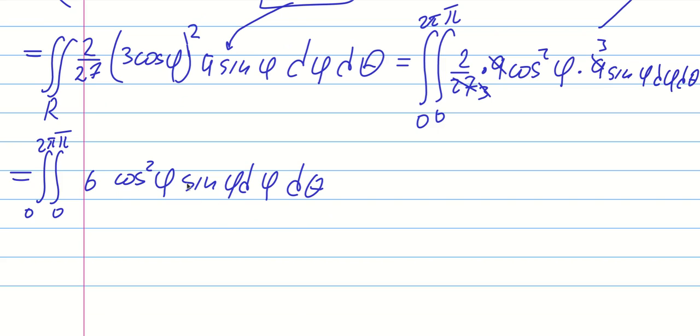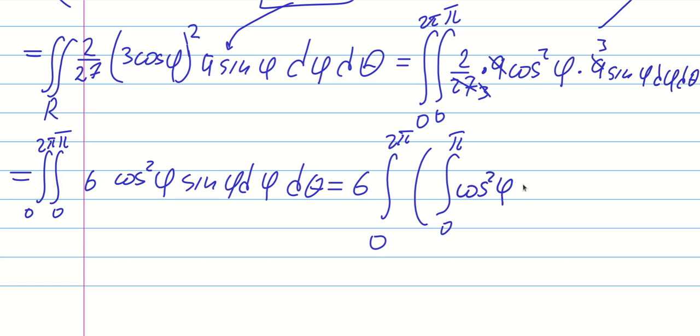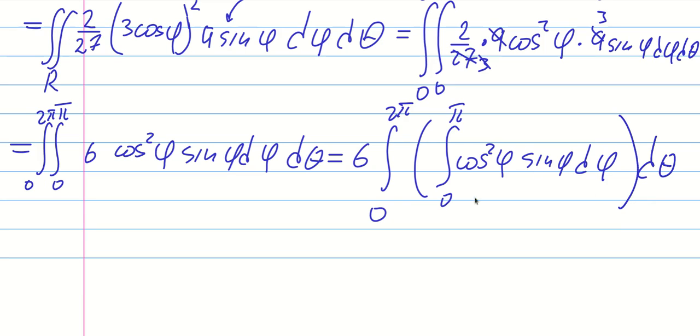Okay, so how do we deal with this integral? Since we have 6, we can put it outside. Then we have an integral from 0 to 2 pi, and over here an integral from 0 to pi of cosine squared of phi, sine of phi, d phi, d theta. So let's calculate this one on the side.